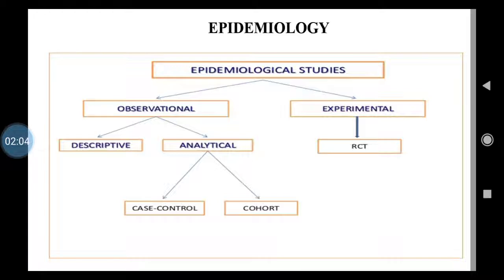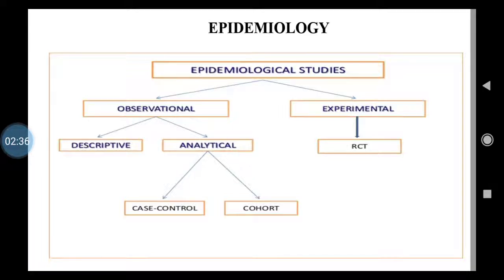This is the appropriate classification of methods. And analytical methods are further subdivided into case control study and cohort study. We will see the description also and you will understand in a better way, whereas the experimental we will discuss after discussing observational methods.